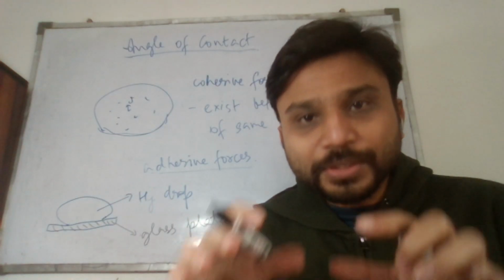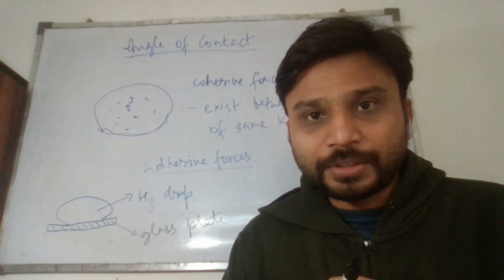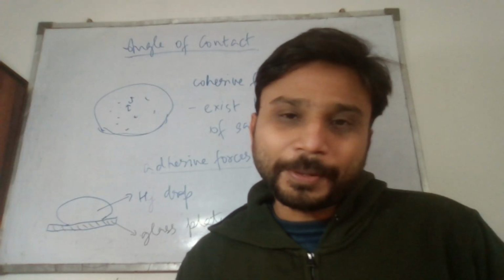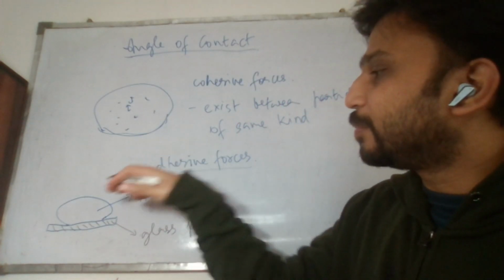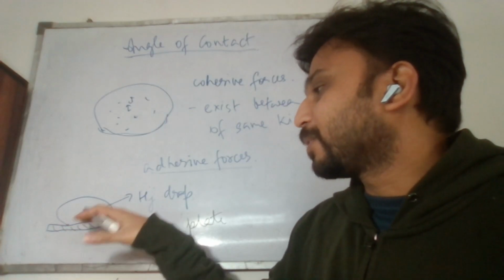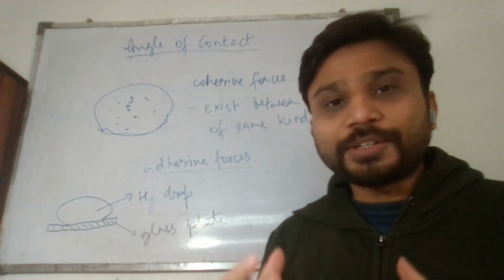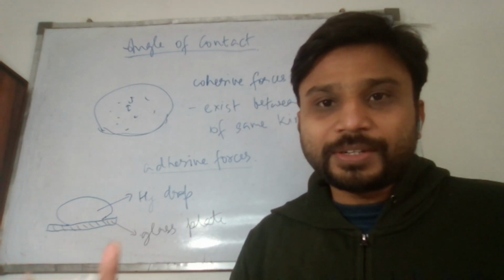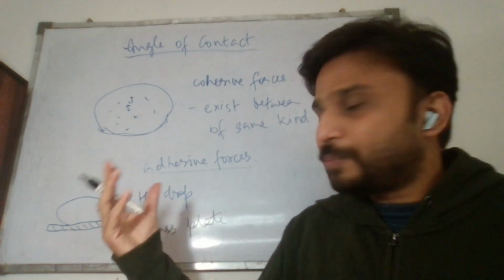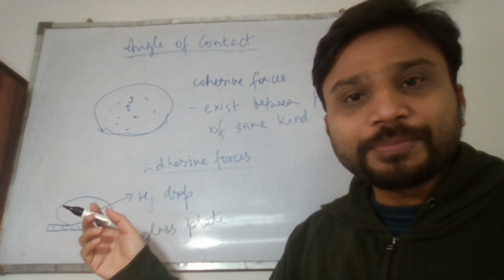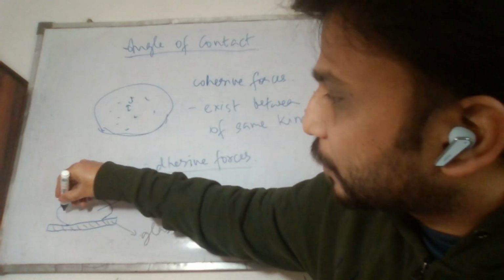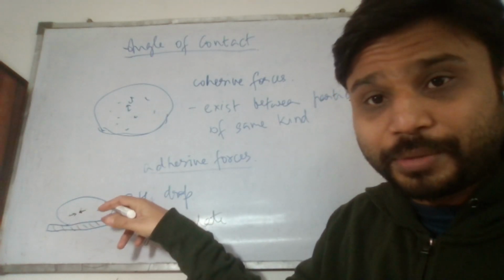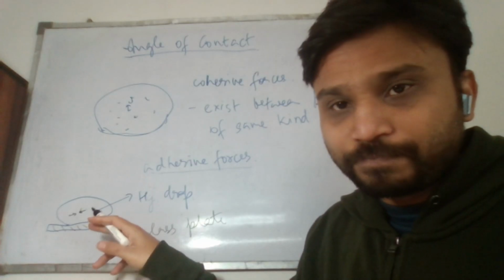That means the mercury drop does not spread on the glass plate. This is a very interesting and curious phenomenon. How does the liquid, when placed on a glass plate, behave in such a way that it is not spreading itself out on the surface, but rather clumping together? This is possible because the forces where the particles are attracting each other within the mercury drop are stronger.